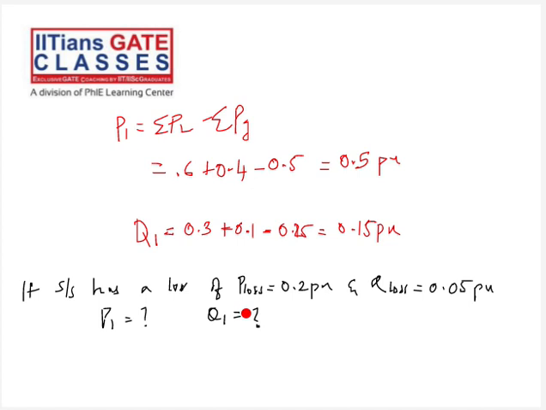P1 would be whatever it already had to generate, plus it also has to supply the losses. In this case, it would be 0.7 per unit. And Q1 would be how much reactive power it has to generate, plus also the losses. Is that clear?